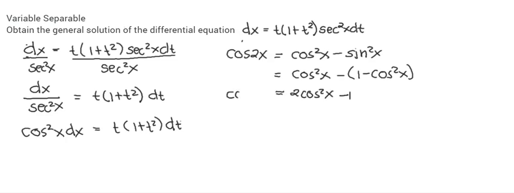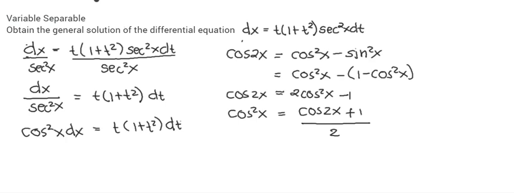Transposing negative 1 to the left side and dividing by 2, cosine squared x equals cosine 2x plus 1 over 2.